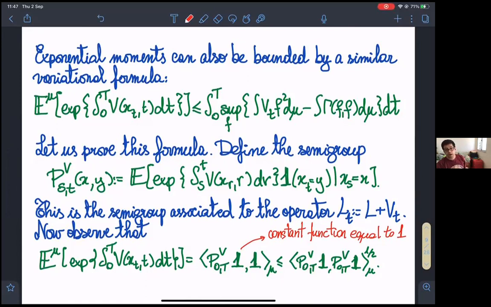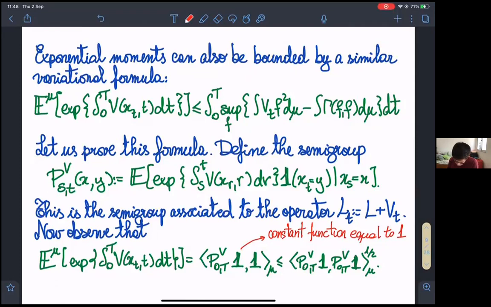After a little bit of analysis, you can find this formula here. For completeness, I wrote down the proof, but I don't want to enter into that. I just want to comment on the actual bound. There is something missing here, sorry about that.